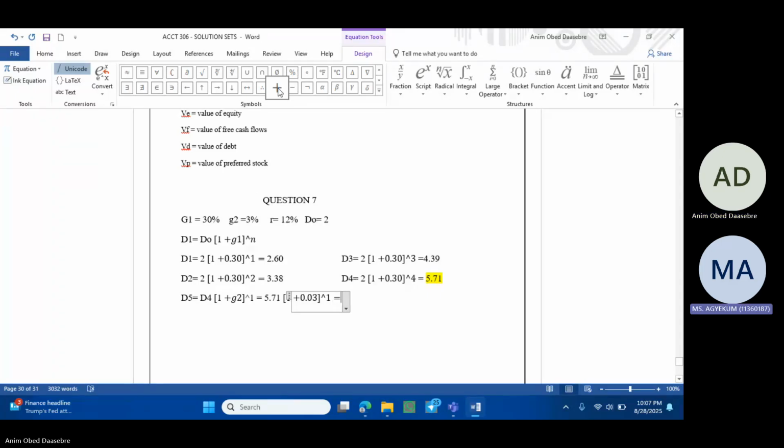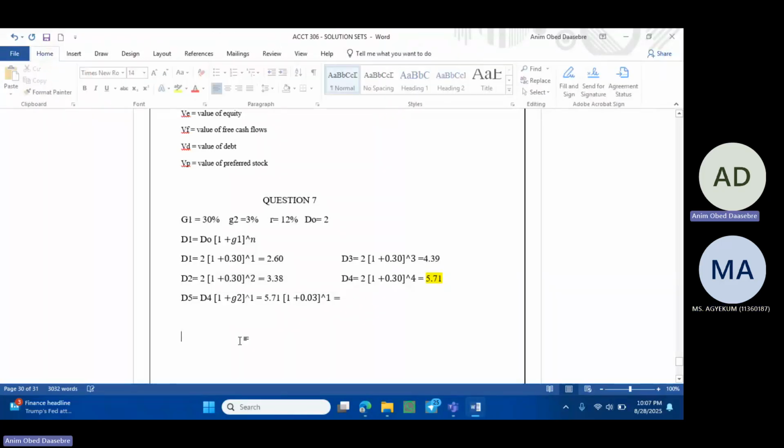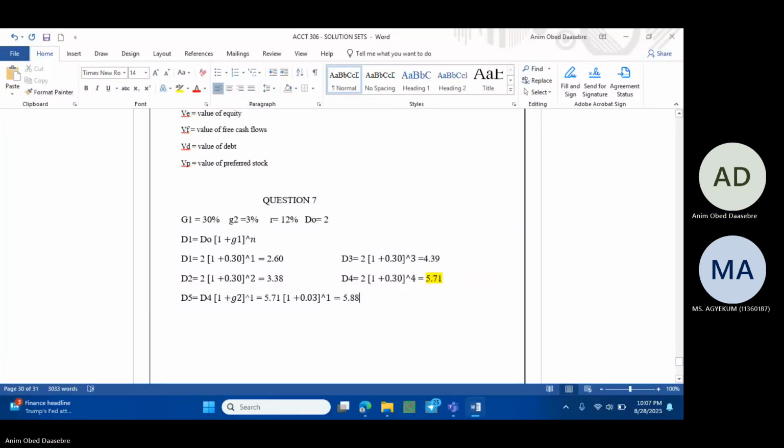So it will be 5.88. Yeah. So this one, it will grow forever. This value will grow forever from year 5 towards infinity.